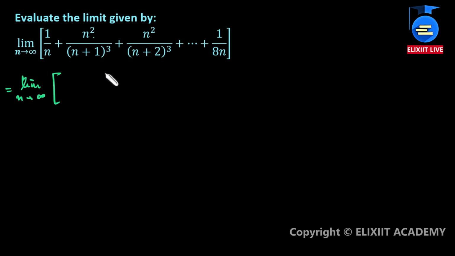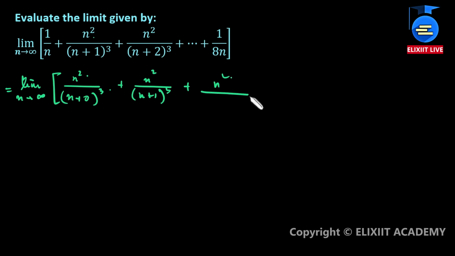You see the numerator of each term is basically n square. So this is n square upon n plus 0 whole cube. You can verify, n plus 0 whole cube, we have n cube only. Numerator we have n square, so this is 1 by n. Then we have the second term to be n square upon n plus 1 whole cube.